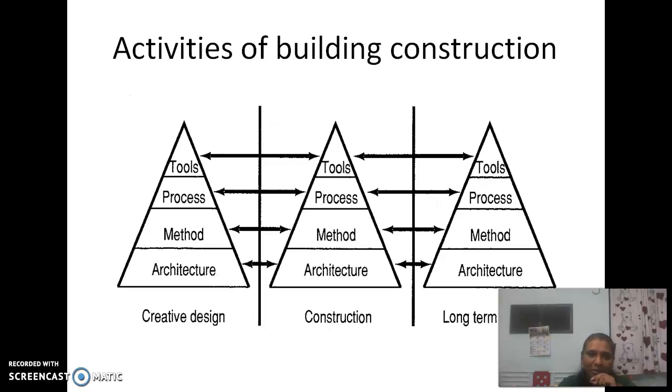So this is how we can use different architectures even for building the software or developing the software products. So coming to these activities of building construction, we have three things: creative design, construction, and long-term support.